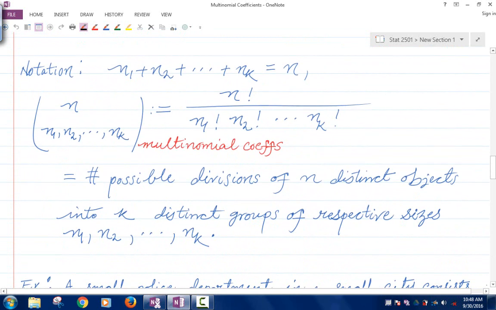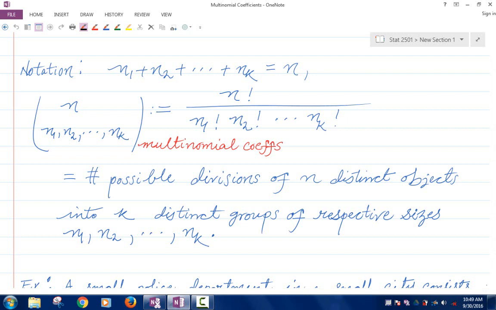Okay, so the notation that we're going to use: this fraction n factorial over n1 factorial times n2 factorial times dot dot dot times nk factorial, where n1 plus n2 plus dot dot dot plus nk is n, will be called the multinomial coefficient, and we are going to denote that fraction by n choose n1, n2, dot dot dot, nk.